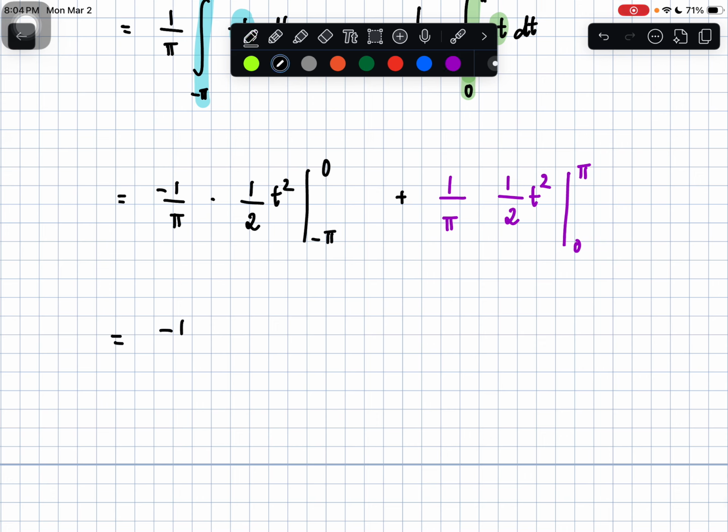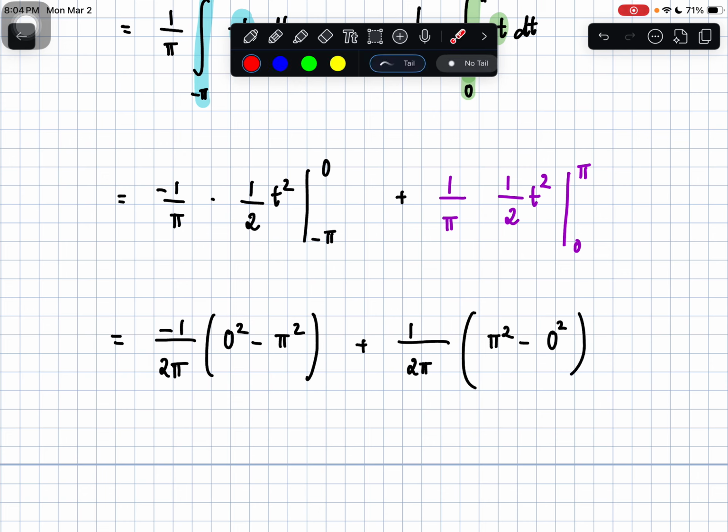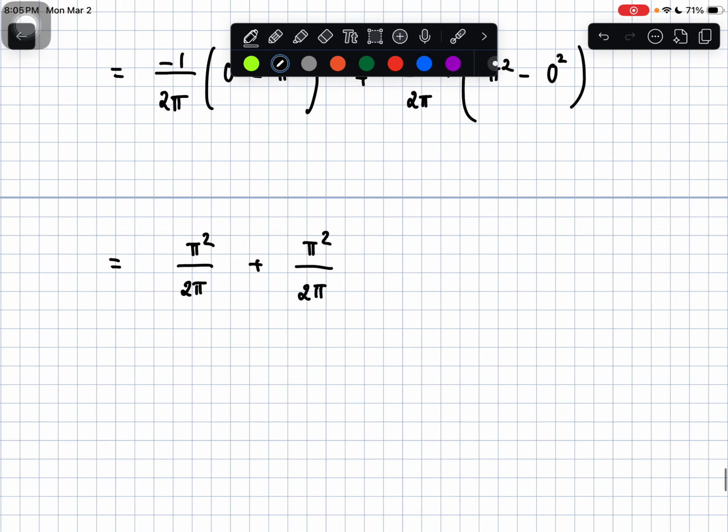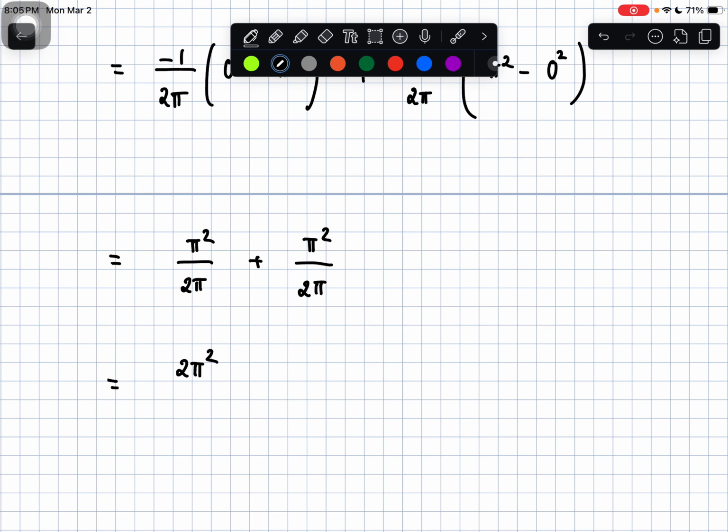The first is minus 1 over 2 pi times (0 squared minus pi squared), which equals pi squared over 2 pi. The second term is 1 over 2 pi times (pi squared minus 0 squared). Together this gives pi squared over 2 pi plus pi squared over 2 pi, which is pi.